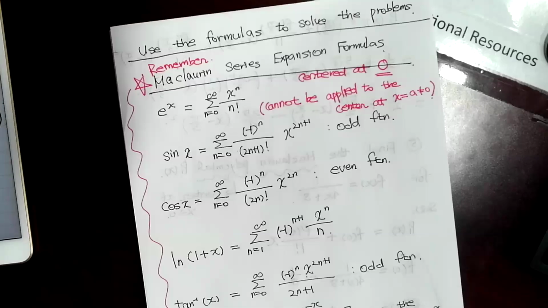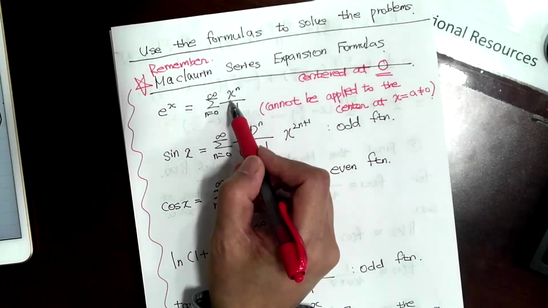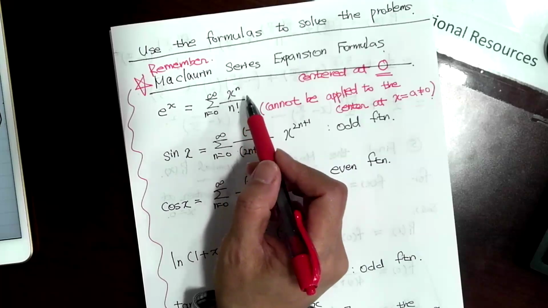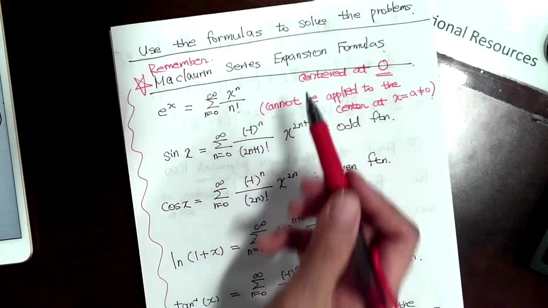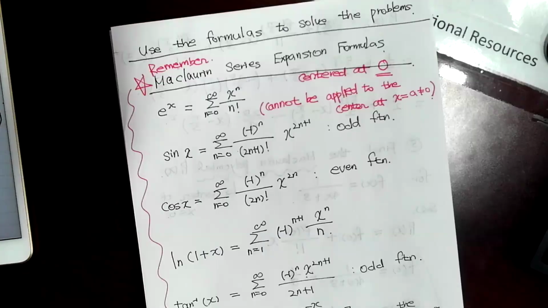That means when we consider the Taylor series expansion at 3, you cannot replace this part by x minus 3 to the nth power. You have to calculate it term by term.